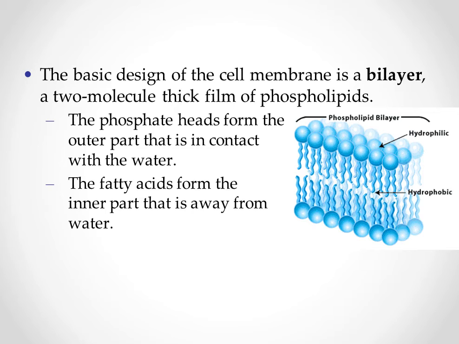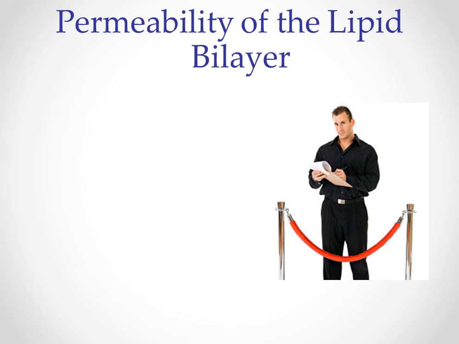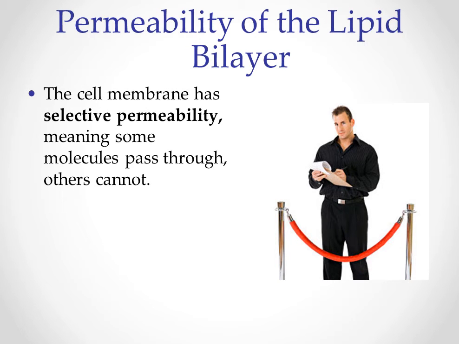Philic. That means they love. Okay, so it's designed by it's got two molecules. Phobic. Now, our cell membranes, specifically for us, eukaryotic cells, are selectively permeable.